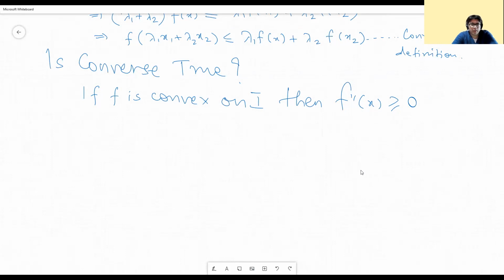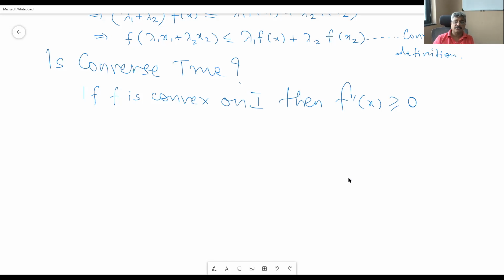But what if we can define a function that is convex but not differentiable or not double differentiable? If the function is convex, so is there no function that is convex but it's not double differentiable? See, when I'm asking a short statement like this, f double dash of x exists.